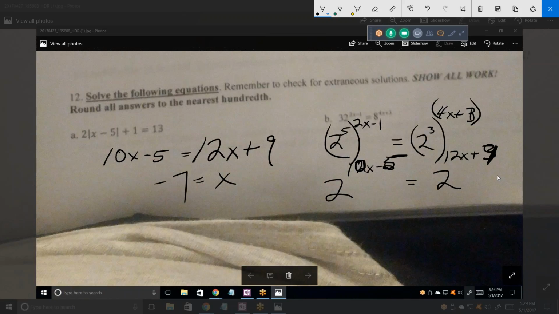In other words, we were able to solve this without logs only because both numbers had a common exponential base. It's not a common factor. 8 is a common factor, but it's not a common exponential base. 2 is the only number that is a common exponential base to the number 32 and to the number 8.